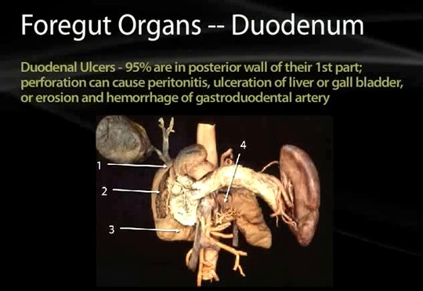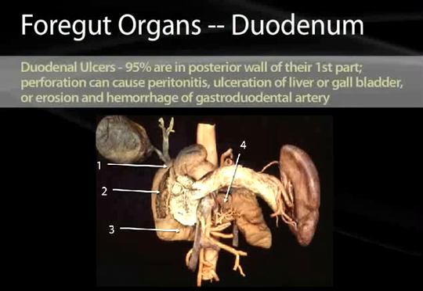When we look at the foregut organs, this relationship here is an important portion. Here you can see the duodenum with its 4 different components. The first part, the second part, which runs in the vertical plane, the third portion, which runs under the superior mesenteric vein and artery, and then the fourth part, which sweeps up again and connects to the jejunum.